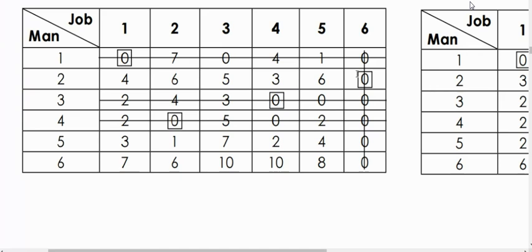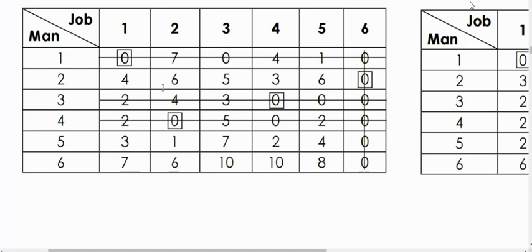Wherever there is a zero, there the assignment should happen. That is the key point you have to know. So we see that we have allocated the first job to the first person. We have allocated the second man the sixth job. We have allocated the third man the fourth job, because there is no confusion here.